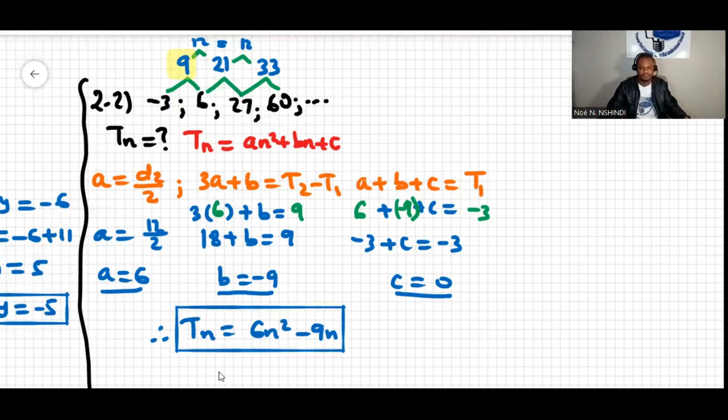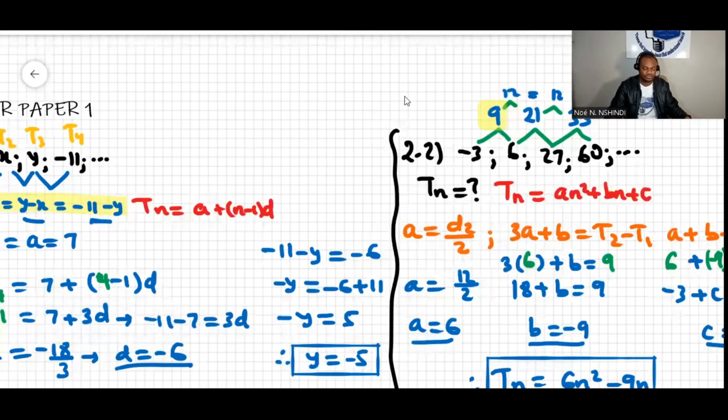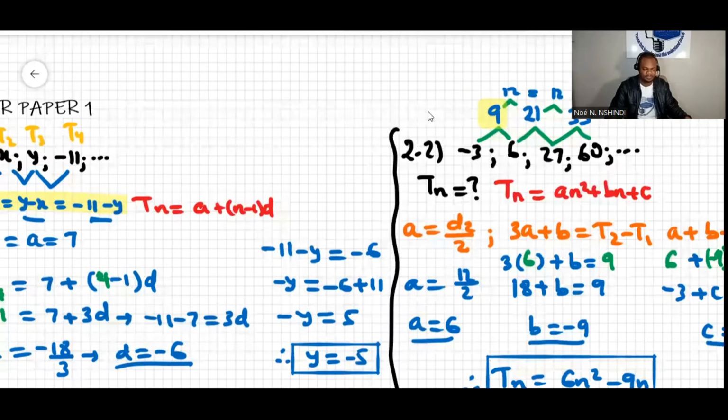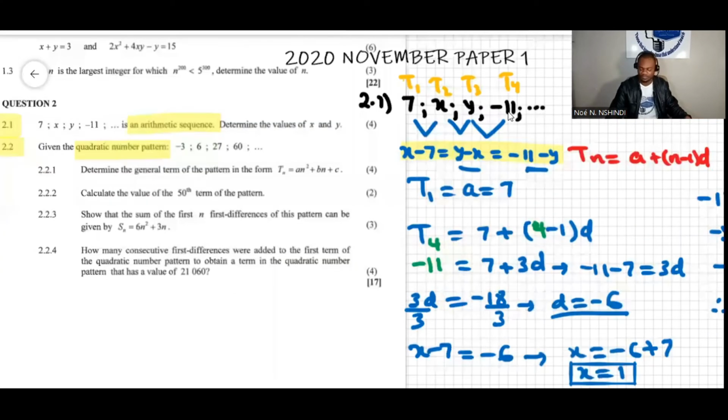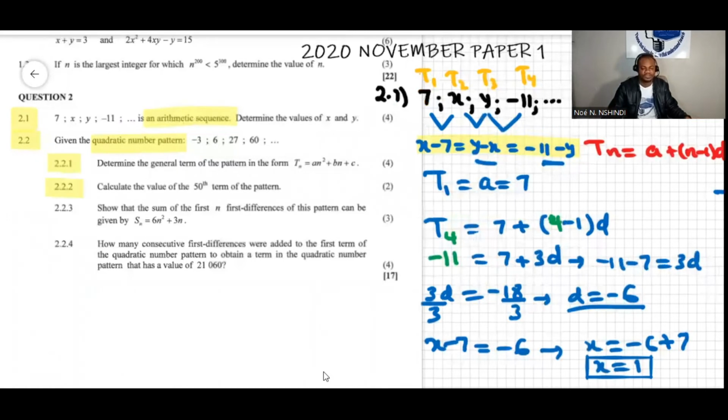That's Tn. Well, the other question is question 2.2.2. The question says calculate the value of the 50th term of the pattern.